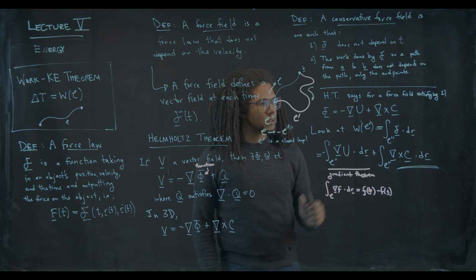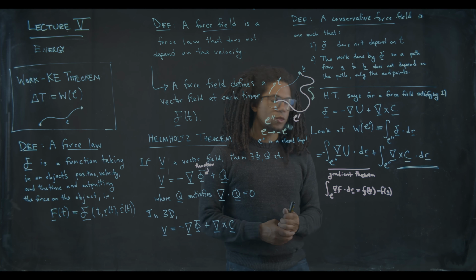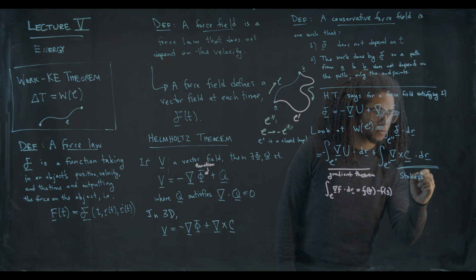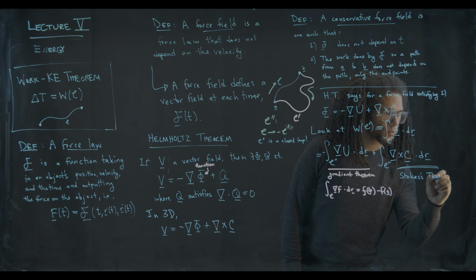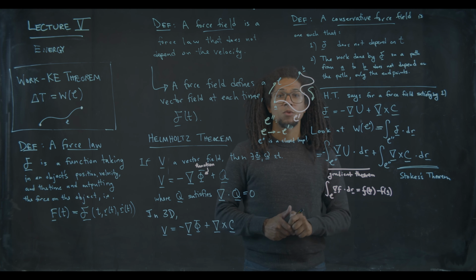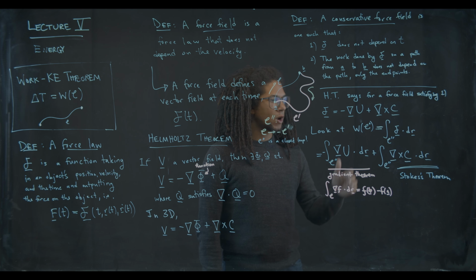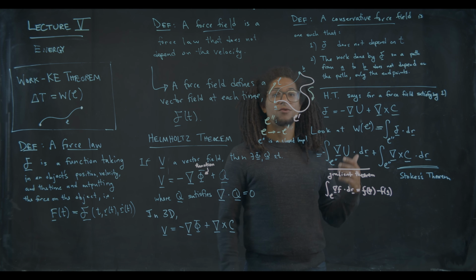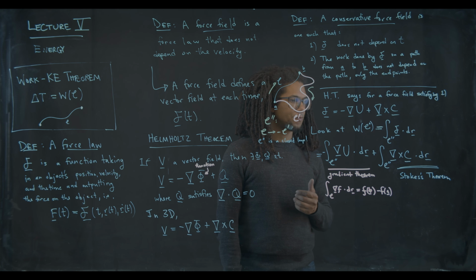Now, what we'll need for this last case is what's called Stokes's theorem. You may have already encountered Stokes's theorem if you've studied E&M, where we use it to figure out how to use Ampere's law to find the magnetic field.